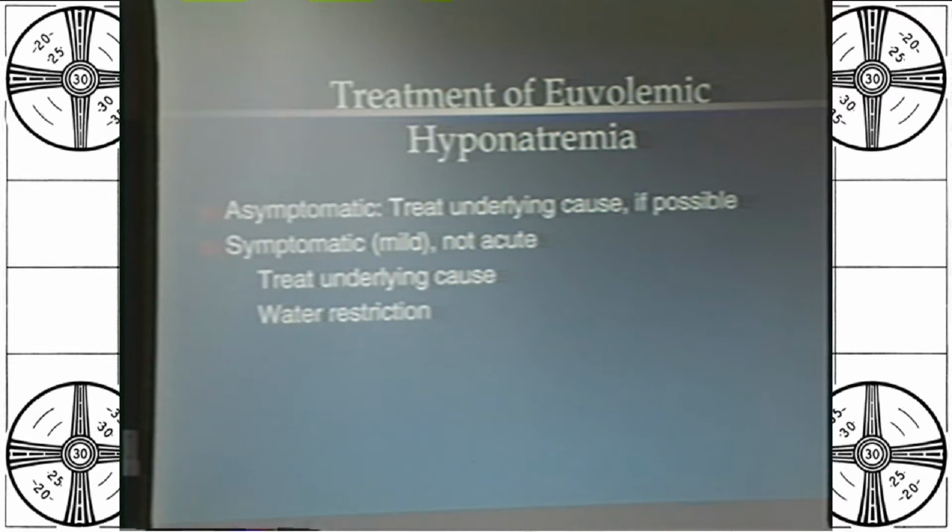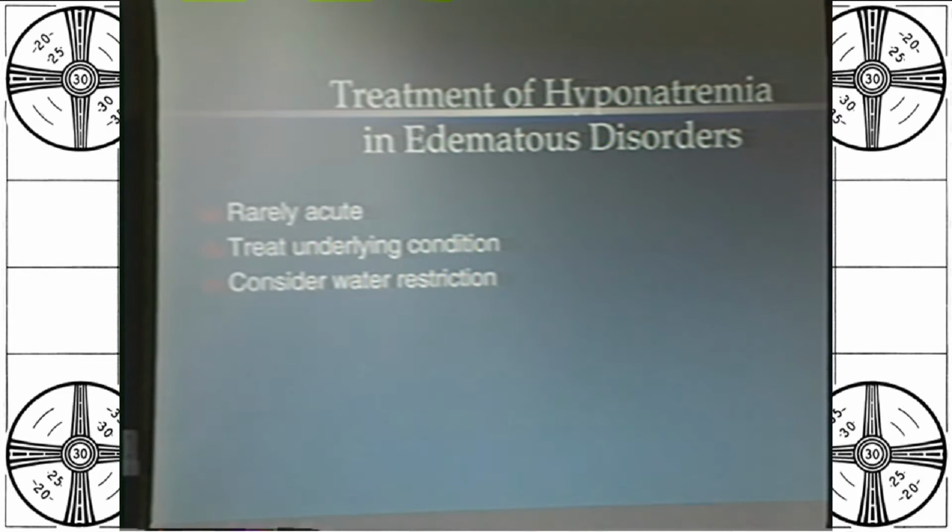Hyponatremia with normal or slightly increased volume, again, mainly you treat the underlying cause. And if they're mildly symptomatic and, again, not severe, you can also water restrict. And then the edematous states, these are not usually acute hyponatremia, and you generally treat the underlying cause.